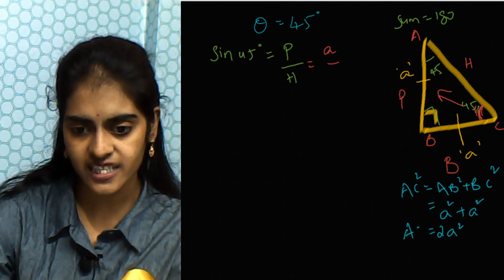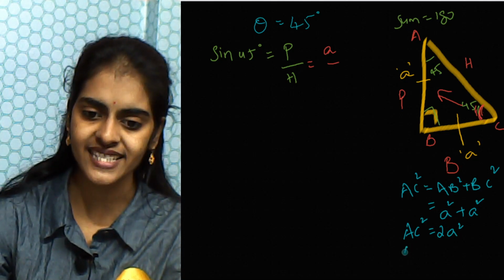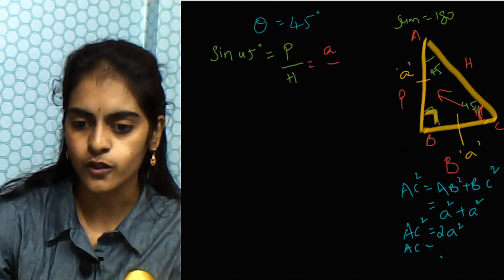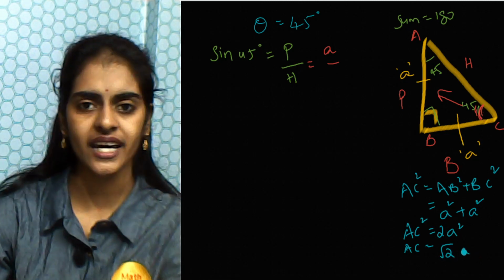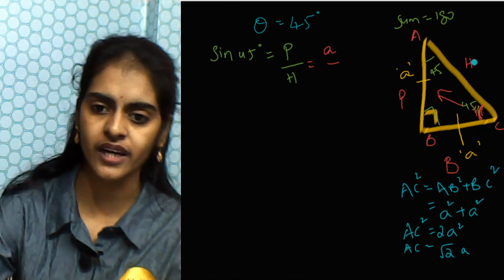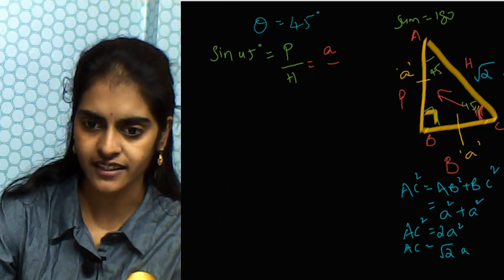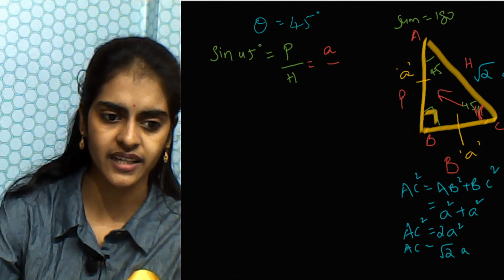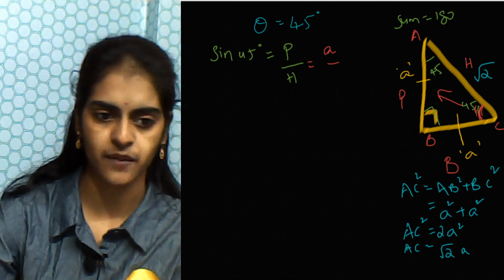AC square is equal to 2A square. What is AC then? AC is nothing but root 2 A. If I take the square root of 2A square, it becomes root 2 A. So this value I got as root 2 A. Clear?